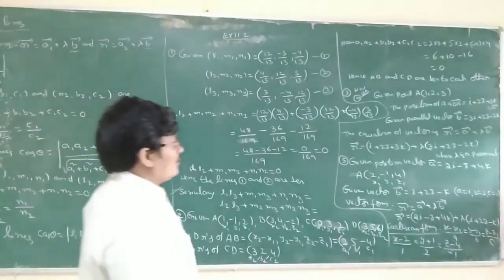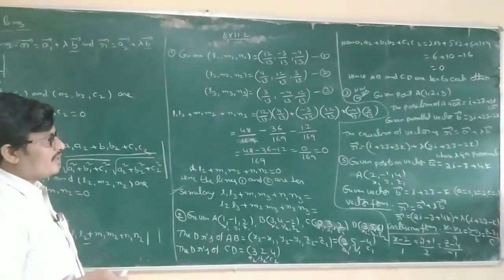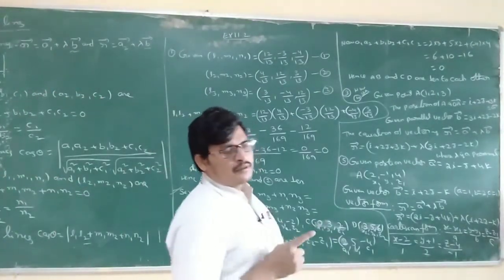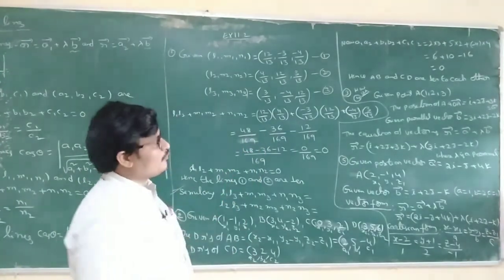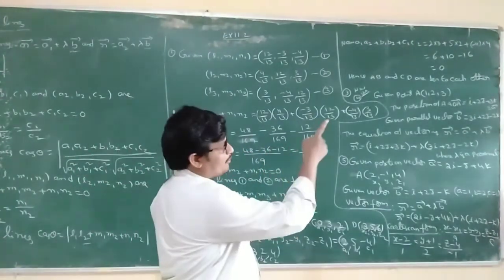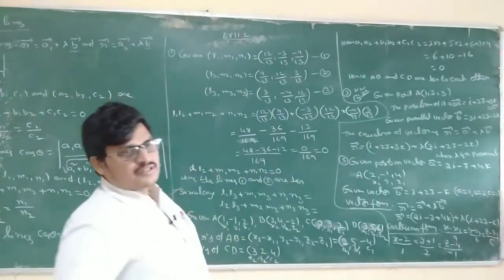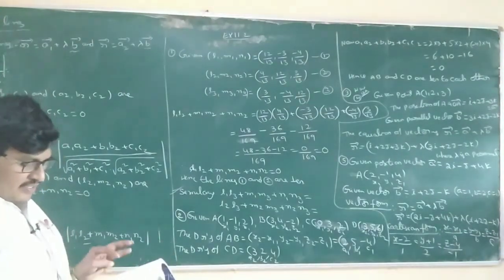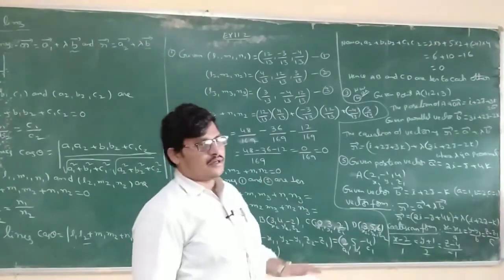So here only one point is there. Some problems are directly given clearly, passing through the point. The fourth problem, passing through the point and parallel to the vector, is clear. In the fifth problem, find the equation of the line in vector and Cartesian form passing through the position vector.